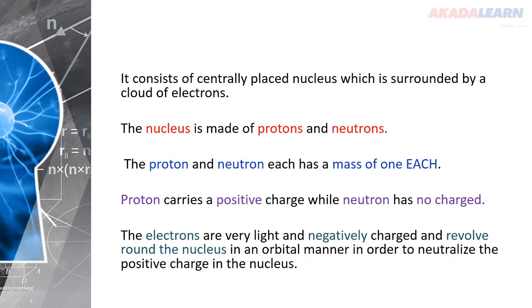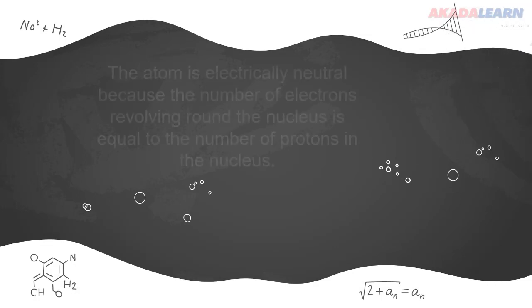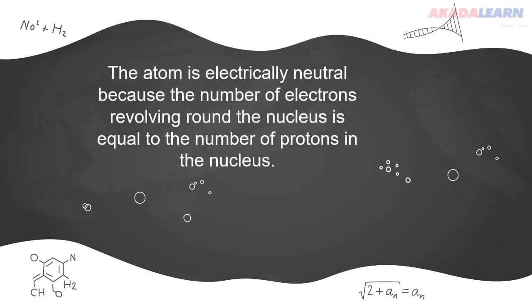The electrons are very light and negatively charged and revolve round the nucleus in an orbital manner in order to neutralize the positive charge in the nucleus. The atom is electrically neutral because the number of electrons revolving around the nucleus is equal to the number of protons in the nucleus of the atom.